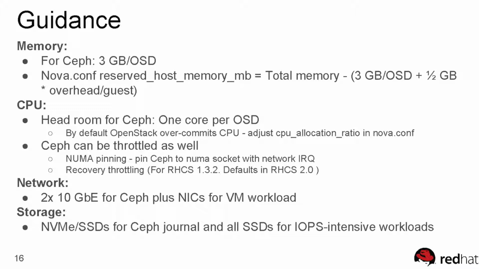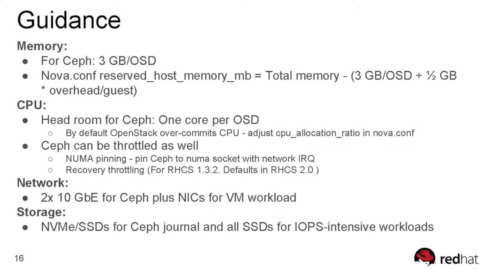So the next one really is that Ceph needs to be throttled as well. One way to throttle Ceph is to NUMA attach Ceph to a NUMA socket or a NUMA node, so that Ceph stays in that boundary. And then the other thing to do is to use a less aggressive recovery throttling.